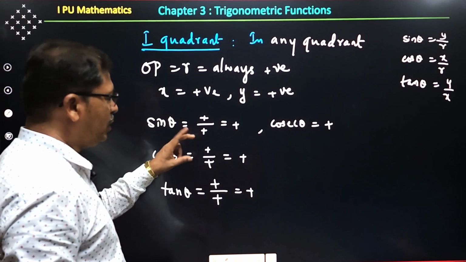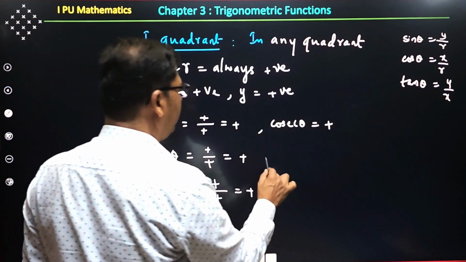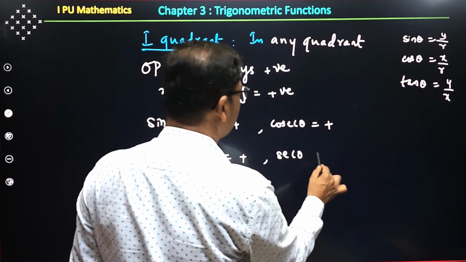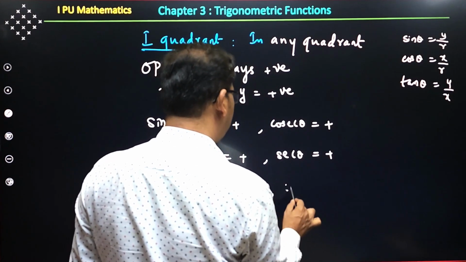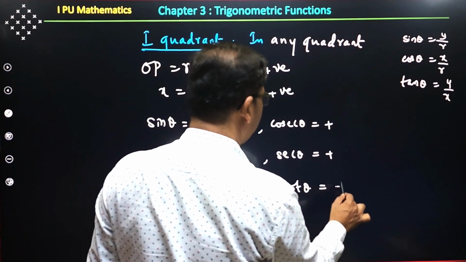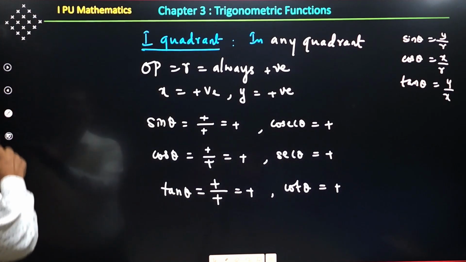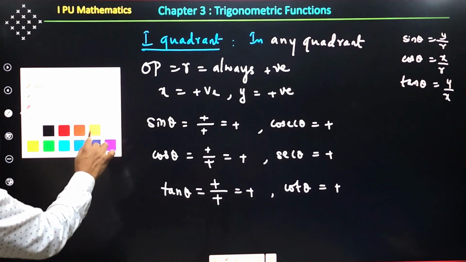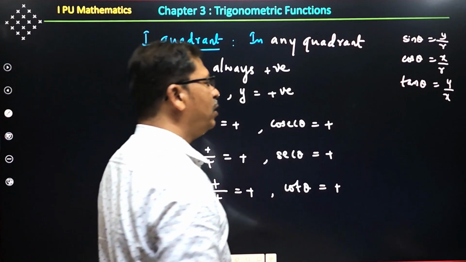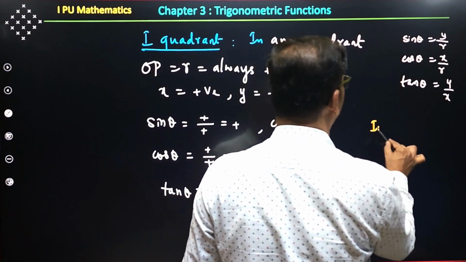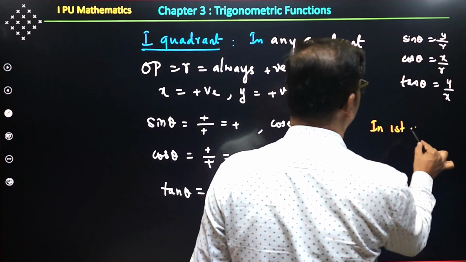If you exchange, nothing will change here. Sec theta is also positive, and cot theta is also positive. So from this discussion, what we conclude is that in the first quadrant, all are positive.